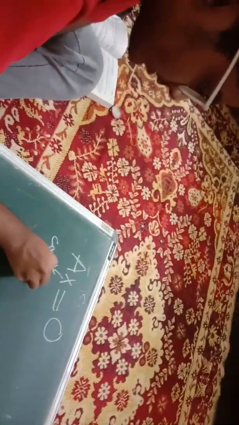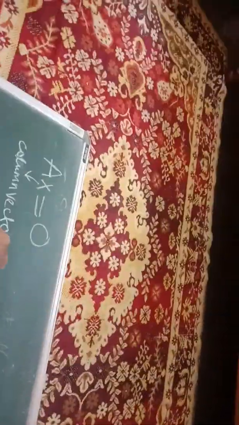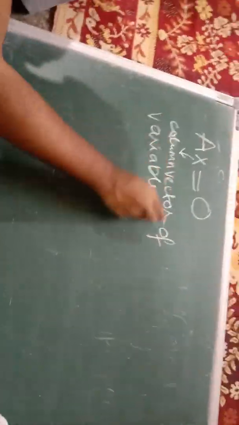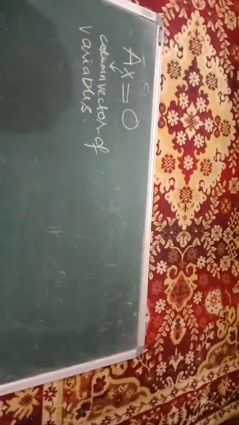This is nothing but a system of linear equations written in matrix form. The question is, for what x is Ax equal to 0?